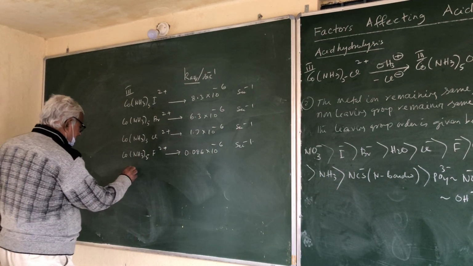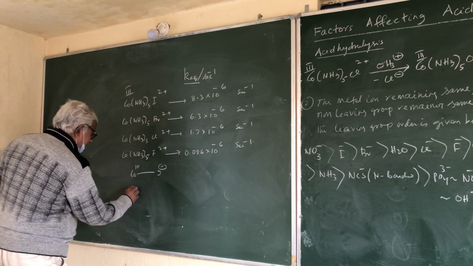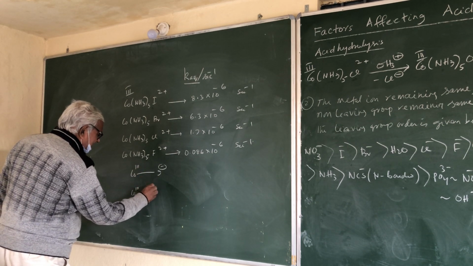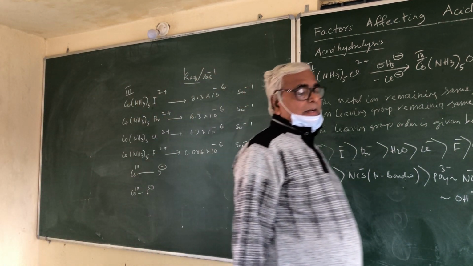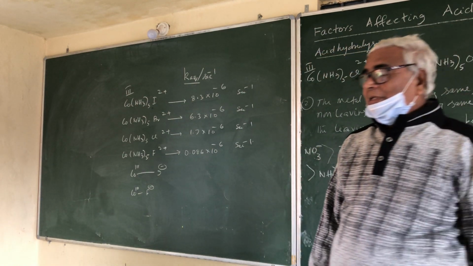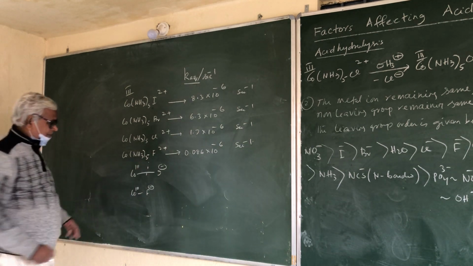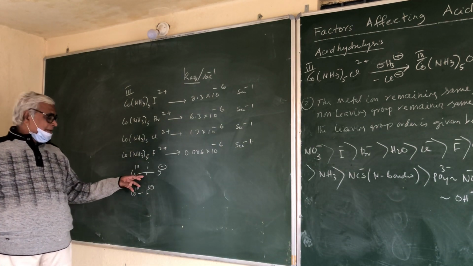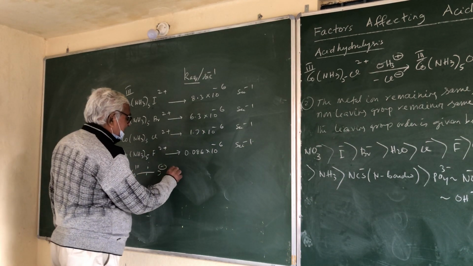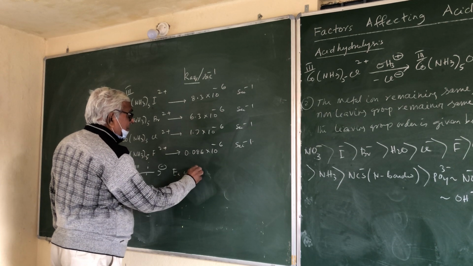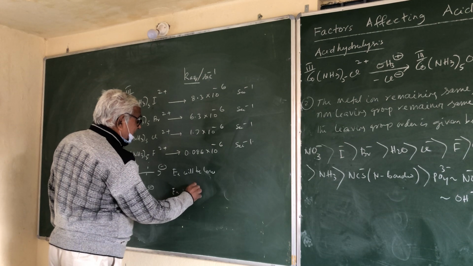The cobalt(III) iodide bond will be longest and the cobalt(III) chloride bond will be shortest. Therefore, less energy will be required to break the iodide bond, so the activation energy will be low. Here more energy will be required, so the activation energy will be high.